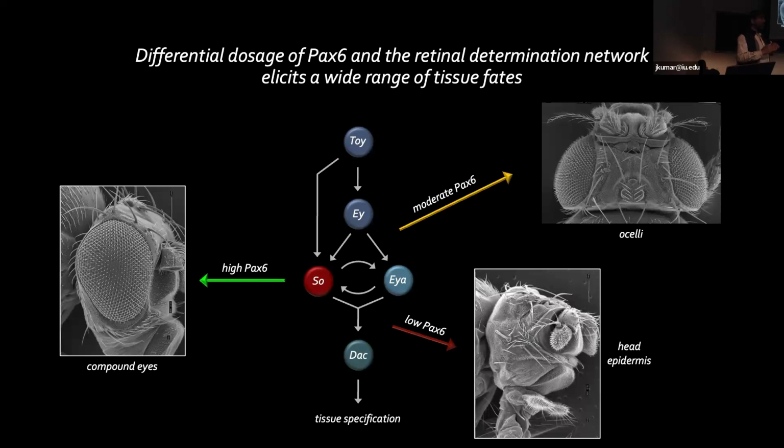And so by raising the level, or lowering it, or calibrating it to some point, you can get a myriad of different outputs using the same network, which I think is a nice way to augment the way we think about gene regulation.